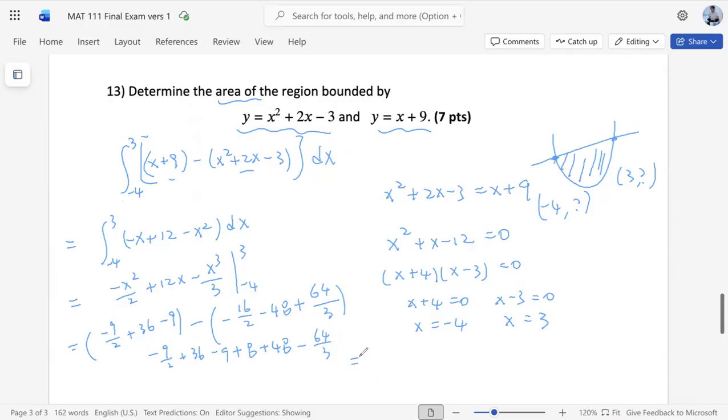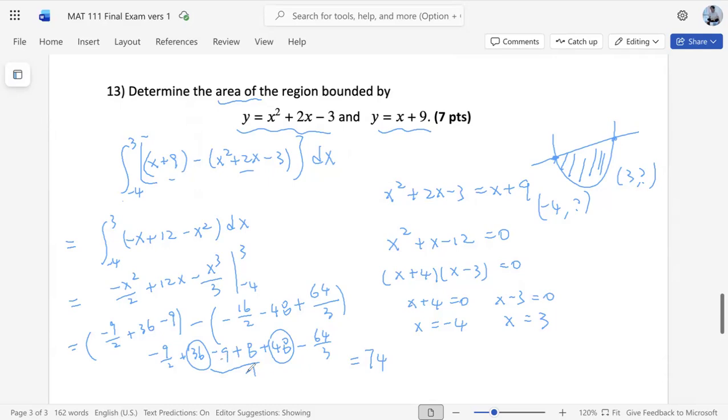All right. What else? That's it. So we need to calculate. So -9 plus 8, that's -1. 36 plus 48, that's 84. 84 minus 10, 74.